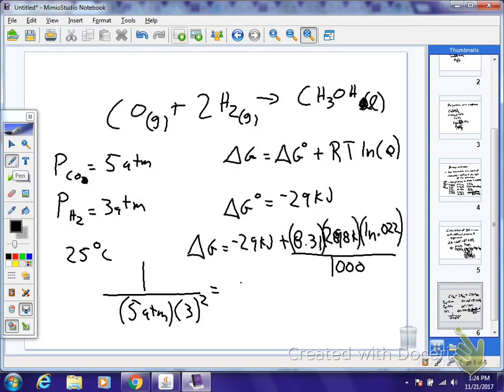So this would be minus 29 kilojoules plus minus 9.451 kilojoules. If you plug it in without the 1,000, it'd be 94,510, right? That's right.